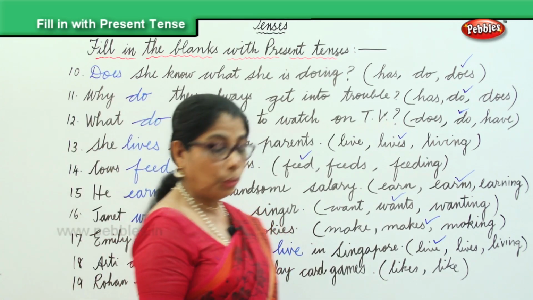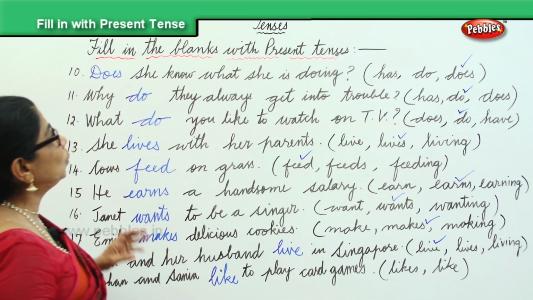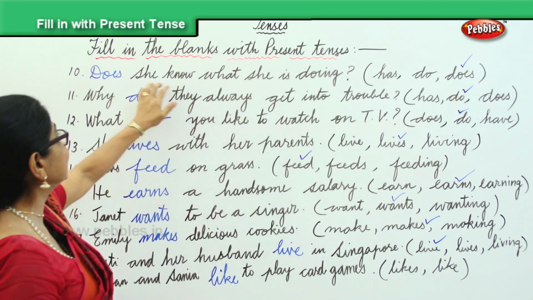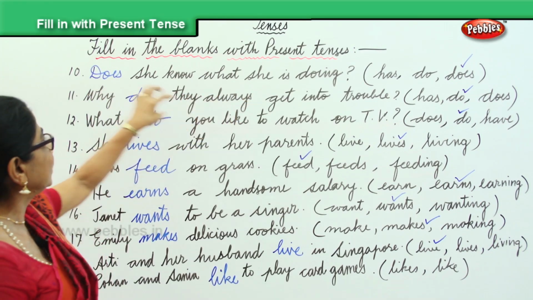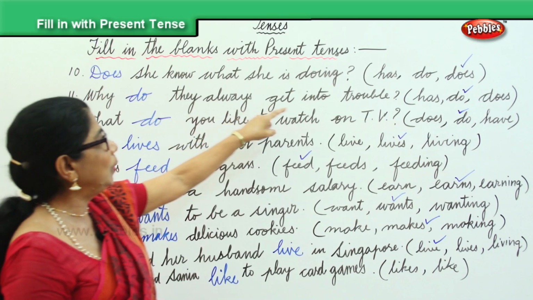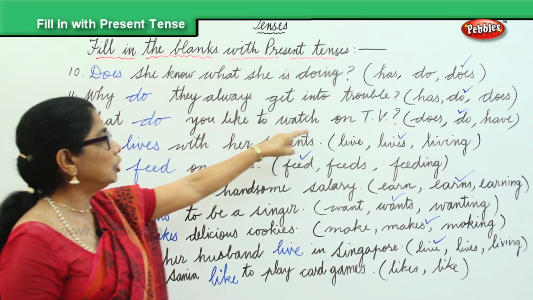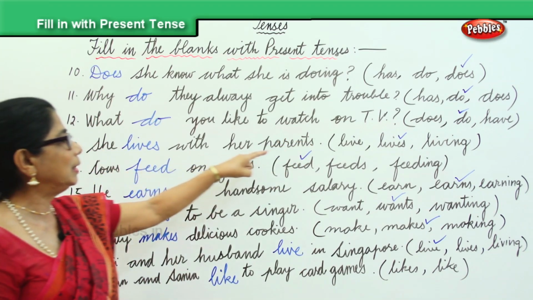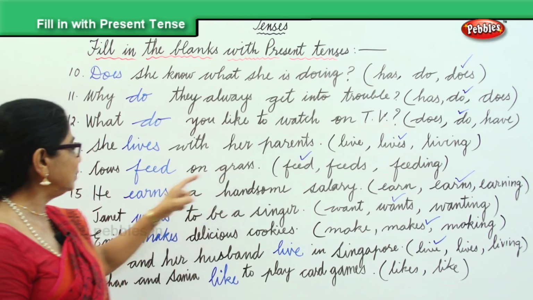Now look at the sentences we have here. We have done filling in with correct present tenses in each of these sentences. Does she know what she is doing? Why do they always get into trouble? What do you like to watch on TV? She lives with her parents. Cows feed on grass.